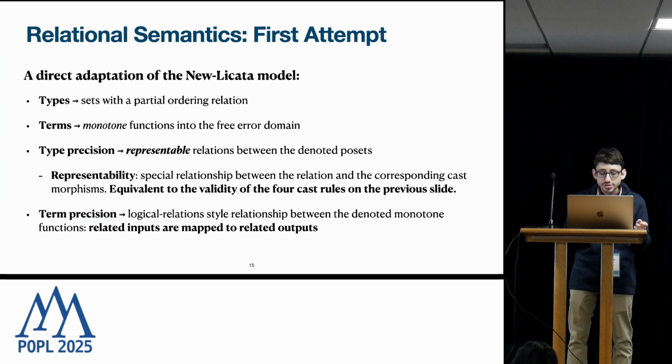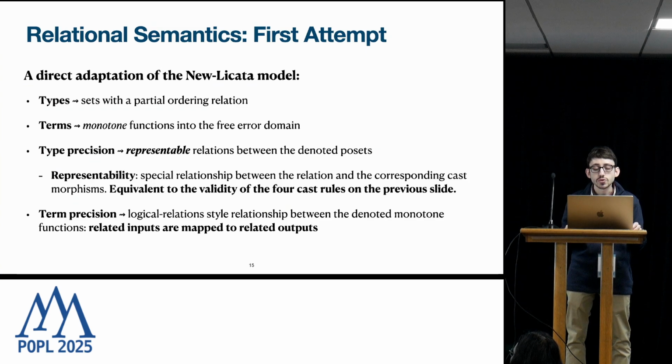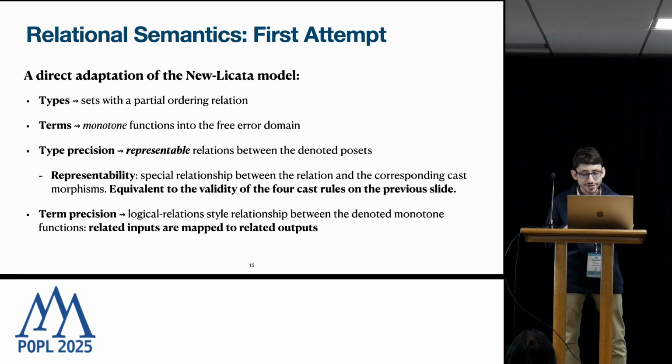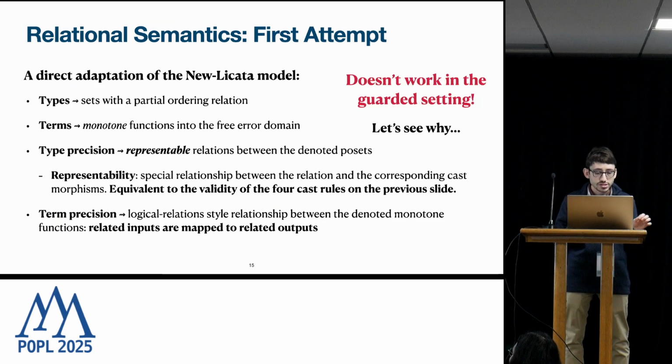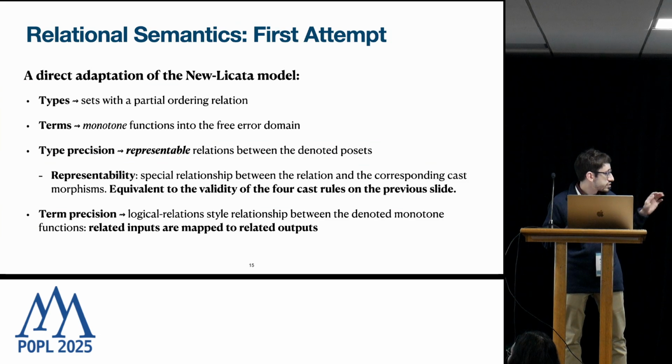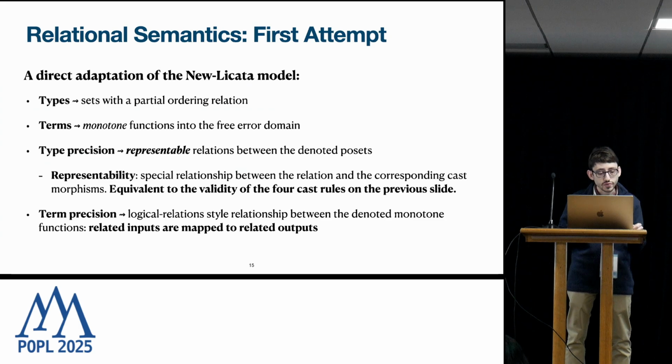And then a type precision relationship between types A and A prime will be modeled as a representable relation between the denoted posets. The precise definition of representability, though, doesn't really matter here. Just note that it's kind of equivalent to these 4 cast rules that we saw on the previous slide. So it allows us to interpret those.